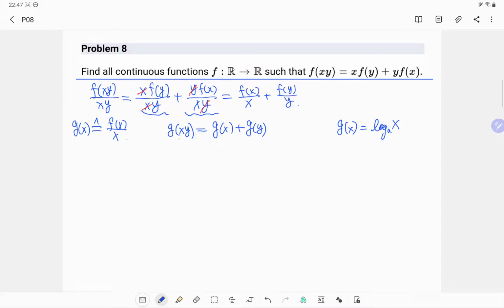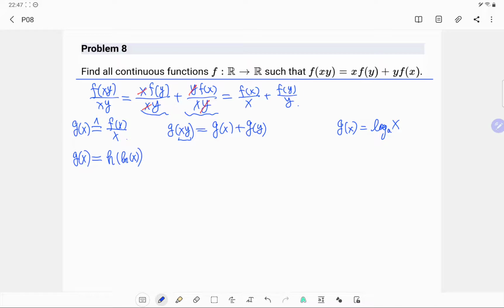As we can see here, we have x times y in the argument, so we may define another function g of x equals h of natural log of x, or any base is fine.